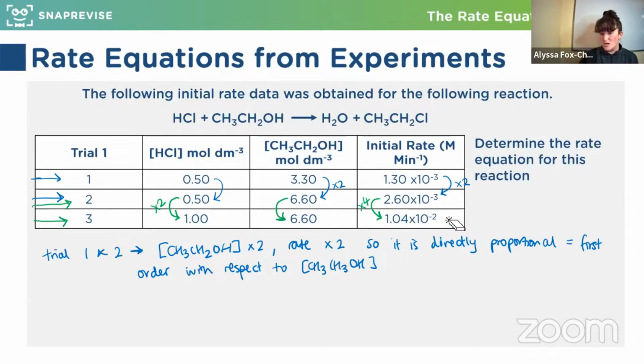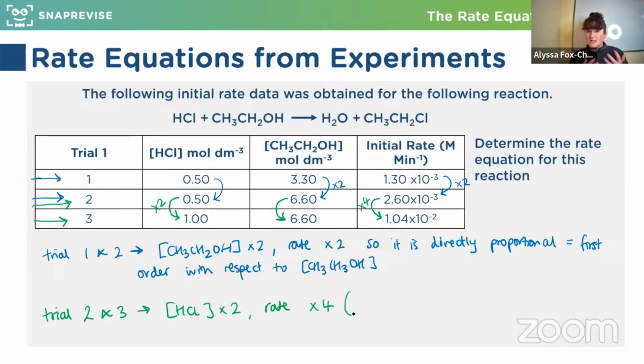Let's just look at them in a bit more detail. Second order, this one, because it's squared times bigger. Trial 2 and 3: concentration of HCl has doubled, but the rate has times by 4. And if we think about how that relates to times by 2, that's 2 squared.